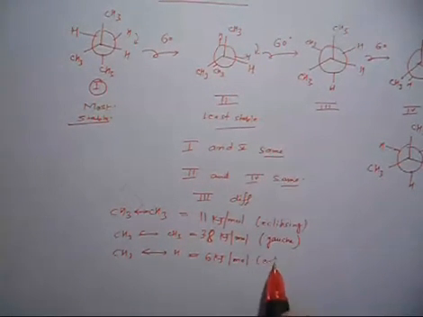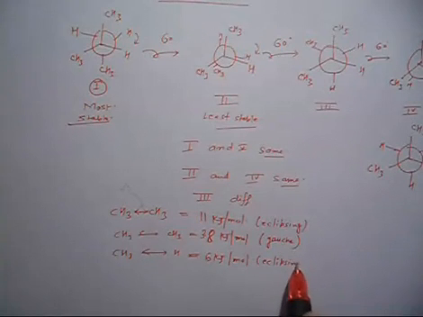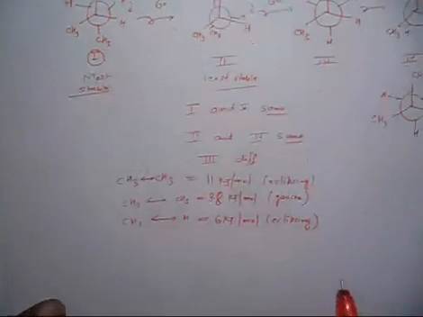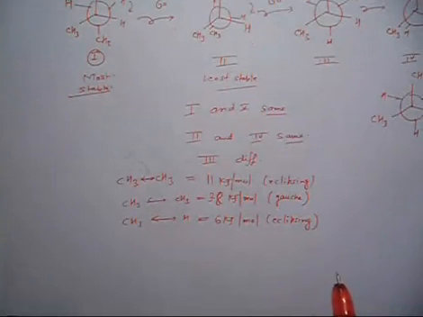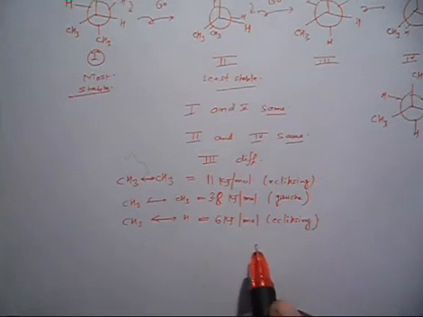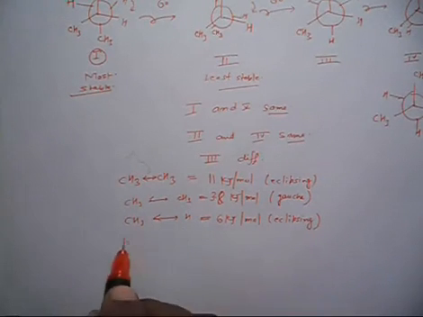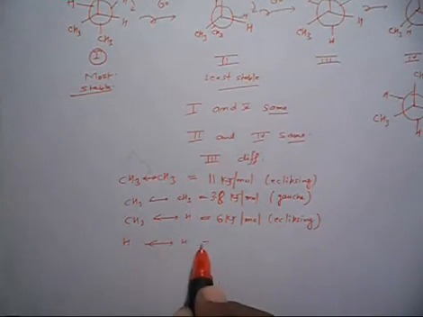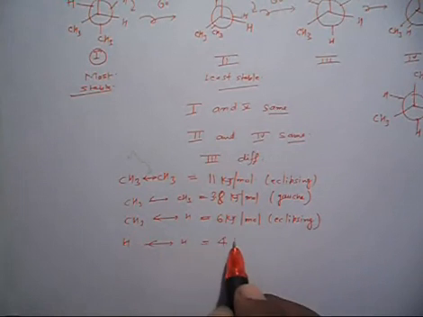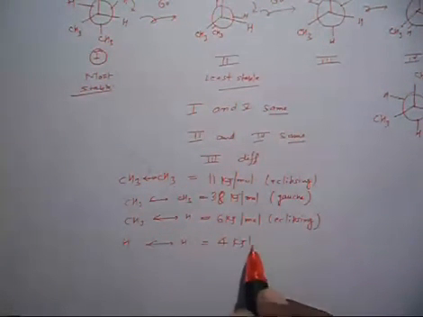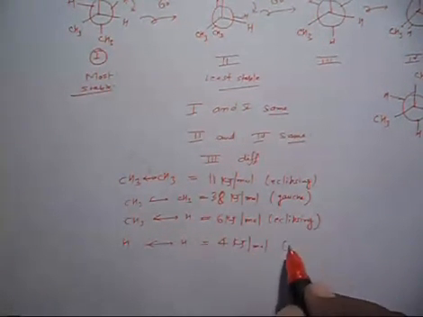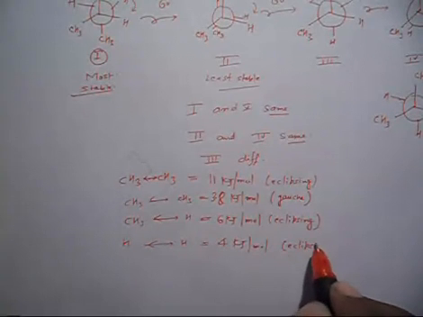Hydrogen repulsion we will also need. If hydrogens are eclipsing each other, the energy is 4 kilojoule per mole.